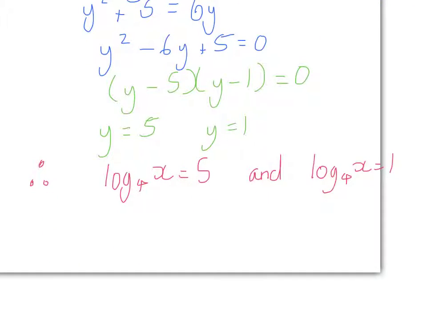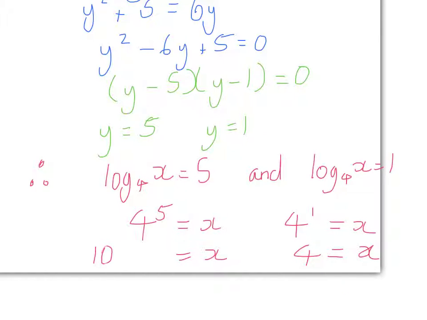So 4 to the power of 5 equals x, and on this side 4 to the power of 1 equals x. So x is equal to either 4 or x is equal to 1024. These are our two solutions to this question.